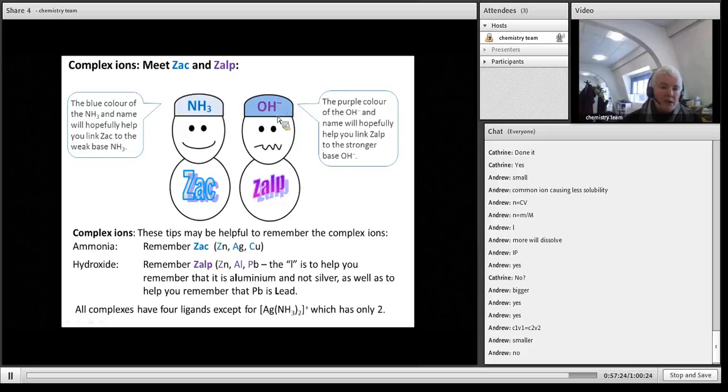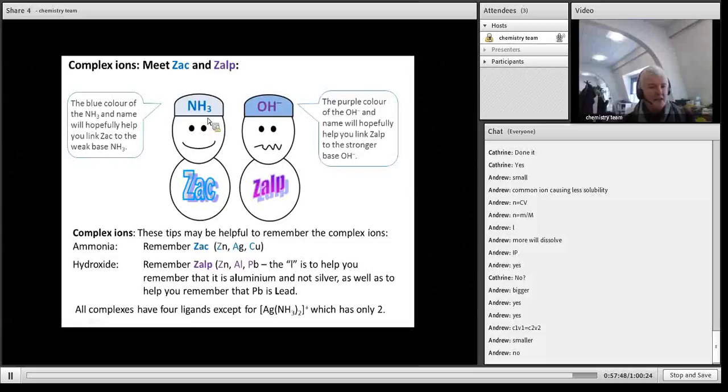Now, what we mean by complex ions is, say we've got a salt, and these hydroxides or ammonia can actually, just like water, dissolve the copper ion or whatever it is. These can do it in exactly the same way. So it's got the lone pairs that it can surround it, and it forms actually a complex ion.